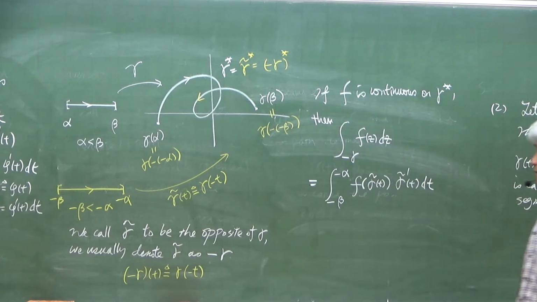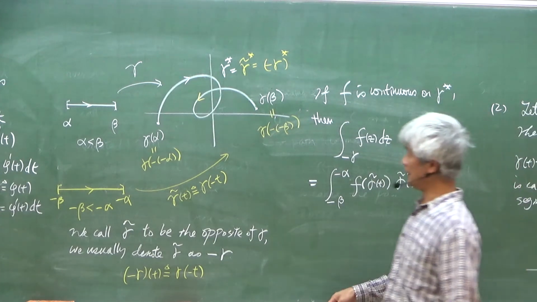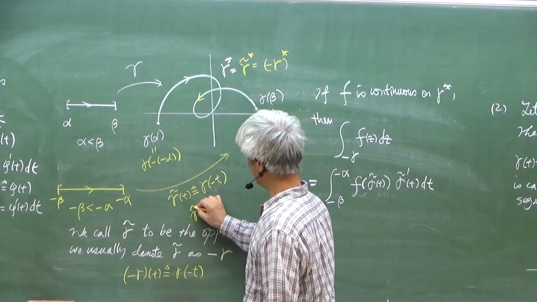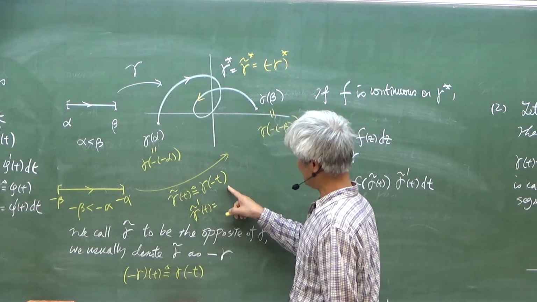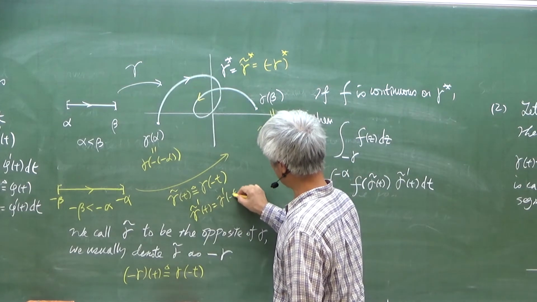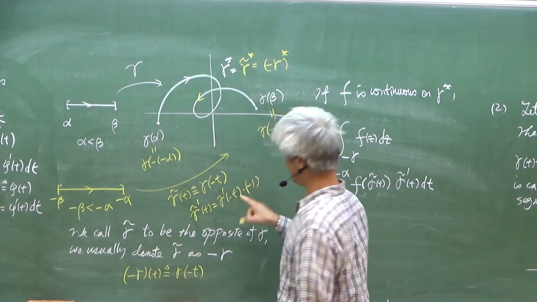Note that gamma tilde prime of t is gamma prime of minus t times minus 1, by the chain rule.